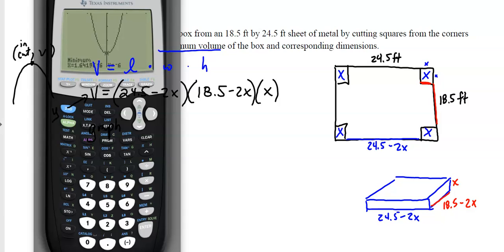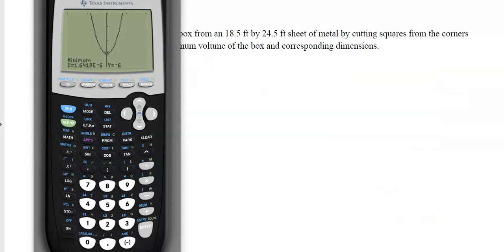I'm going to go y equals, get rid of that, parenthesis, 24.5 minus 2x, parenthesis, and then parenthesis, 18.5 minus 2x, parenthesis, and then times x. And let's just graph it. Oh, my window's pretty crazy.